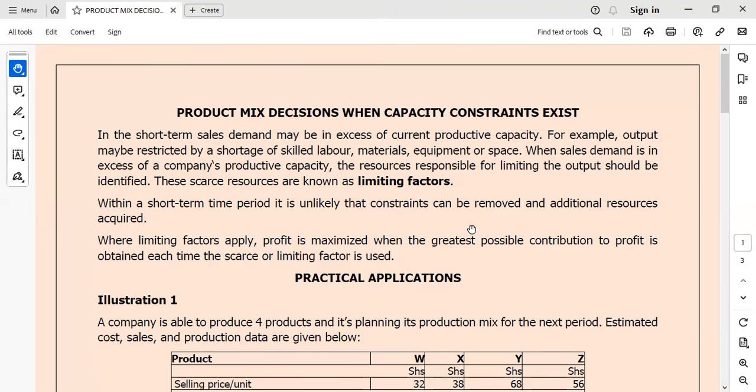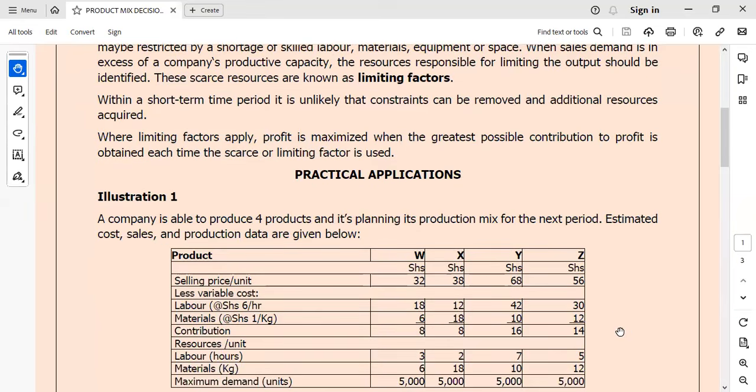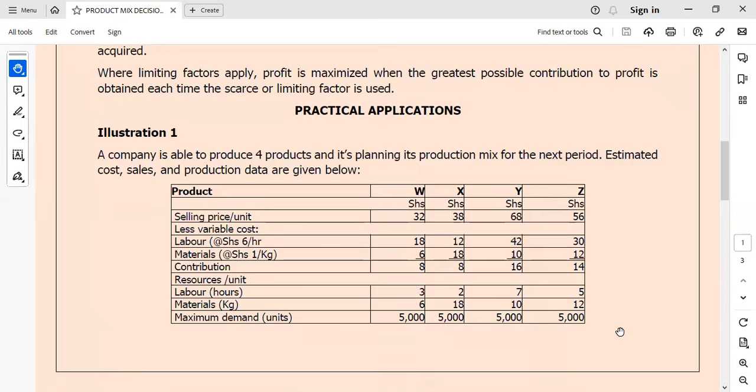So the first illustration, illustration 1, we have been told that a company is able to produce 4 products, and it's planning its product mix for the next period. Estimated cost, sales and production data are given below.